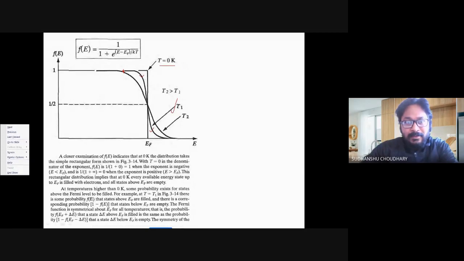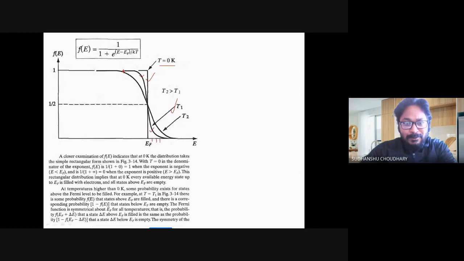In this rectangular version, that is at t equal to 0, you didn't have any probability of finding an electron above EF. But now when t is raised, since I have a curvature over here in the Fermi distribution function, that means I have some probability of finding an electron at this energy level also, which is above EF.